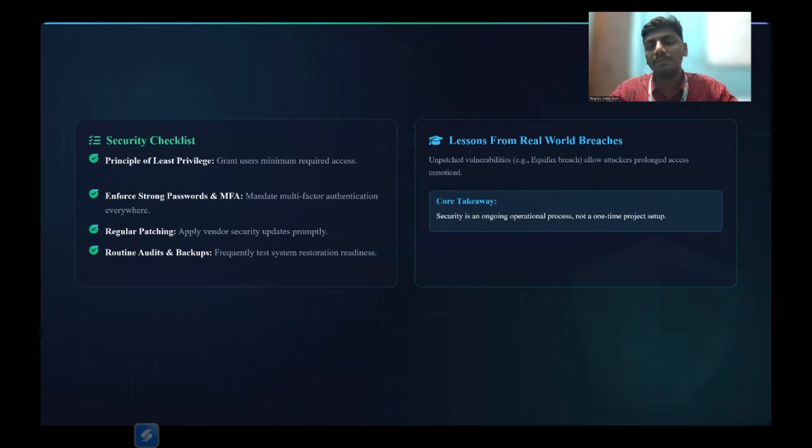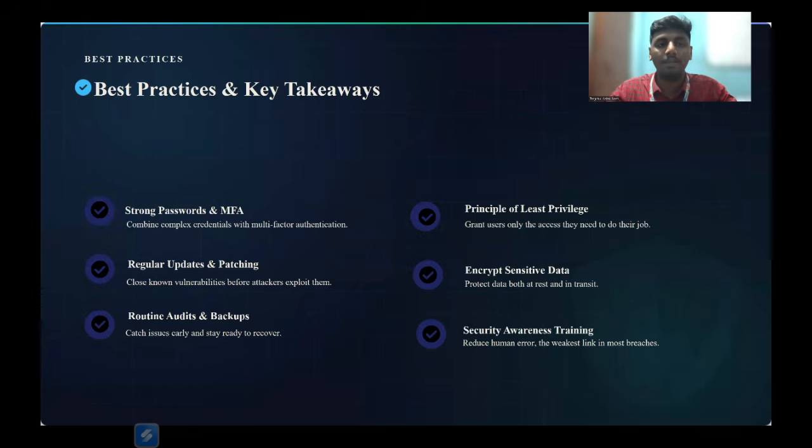And then the lessons from real world breaches. Unpatched vulnerabilities allow attackers prolonged access unnoticed. Core takeaways: security is an ongoing operational process, not a one-time project setup.